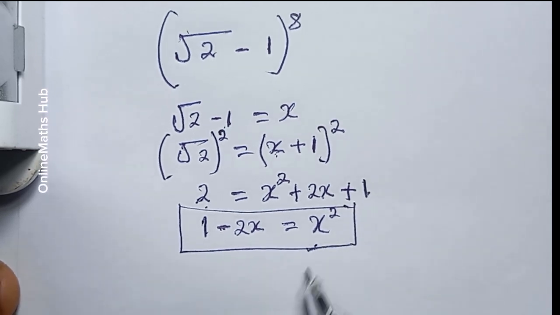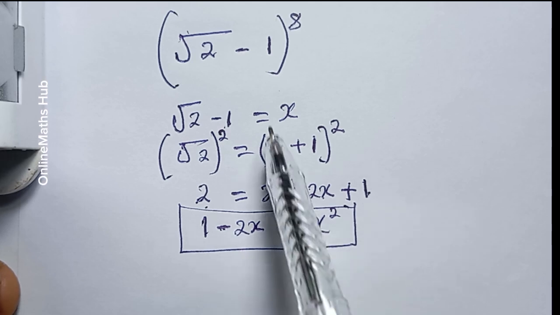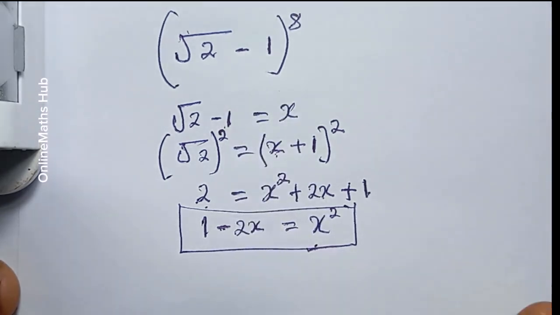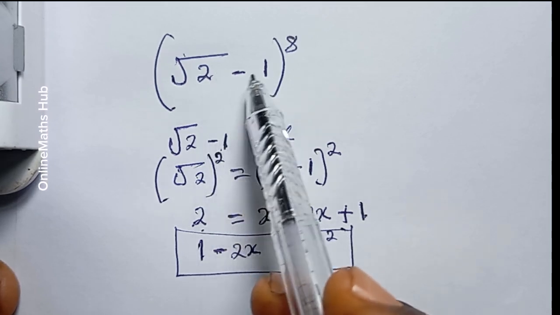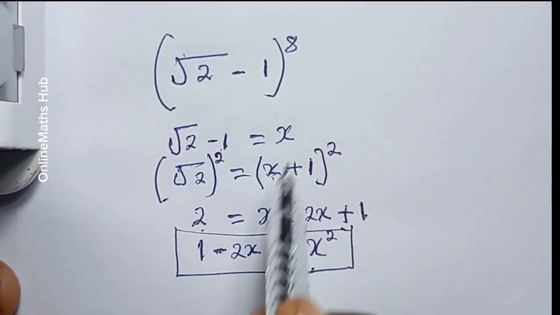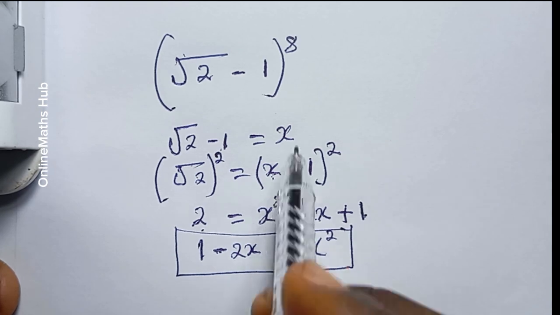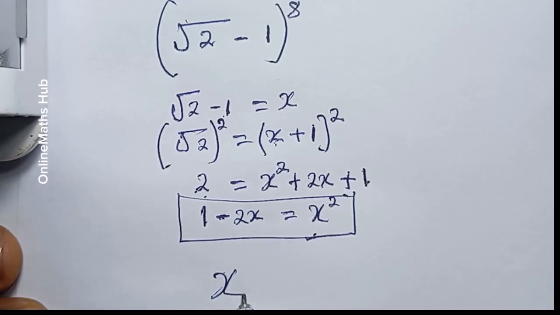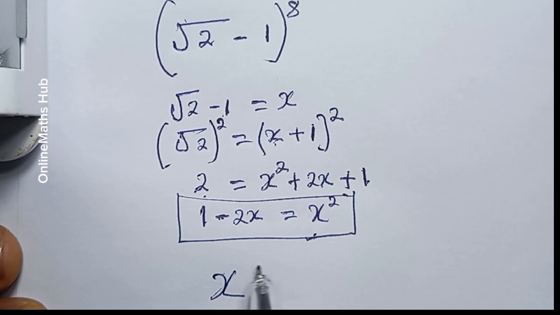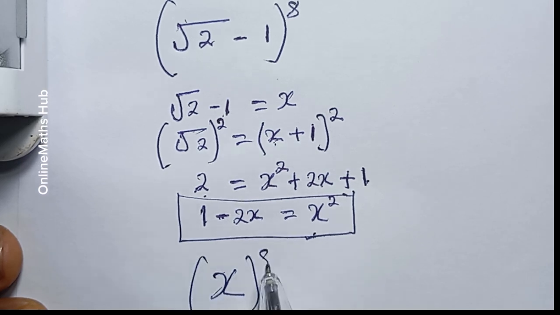Now that I've gotten x squared, I'm going to move back to the question I have right here, and in place of root 2 minus 1, I'm going to be putting this x which we've set to be root 2 minus 1. So my question is now changed to x raised to power 8.